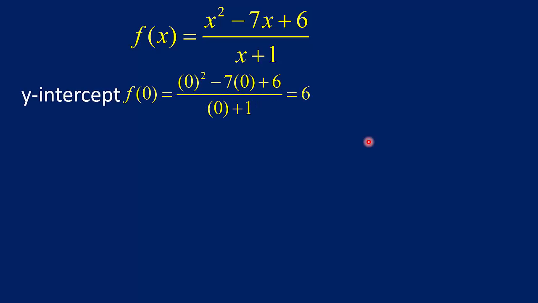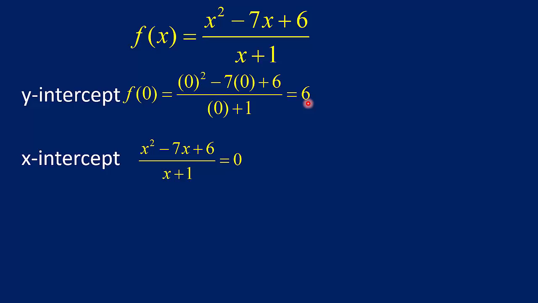We put in a 0 for x, and we find the y-intercept is 6. So we've got a y-intercept of 6. Now let's find the x-intercepts. We find that by setting the entire function equal to 0, which, one step more, would give us the numerator equal to 0, because in solving this we would multiply both sides by x plus 1 and just get the top equal to 0.